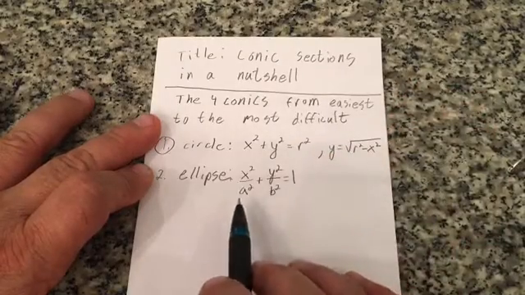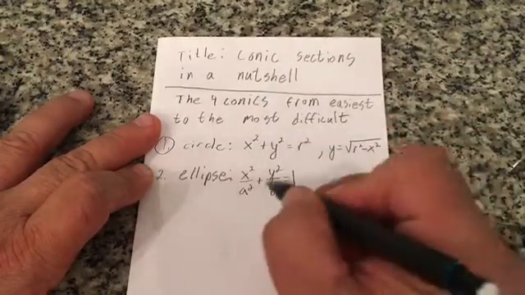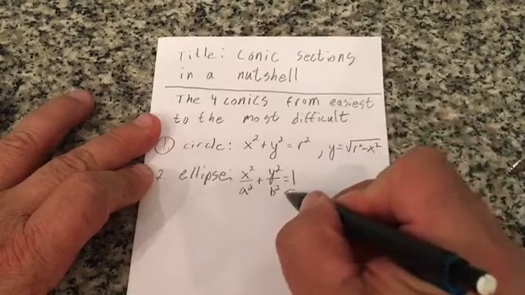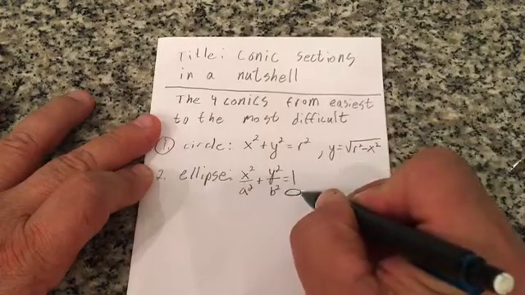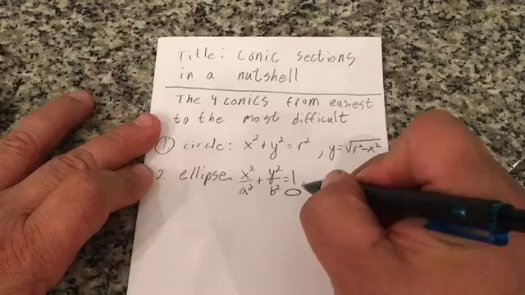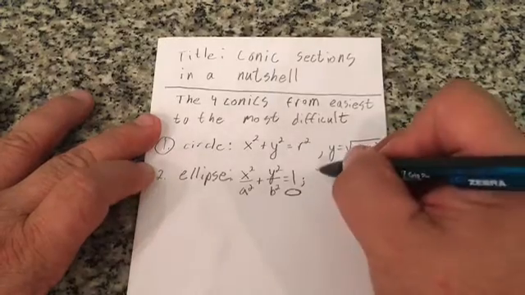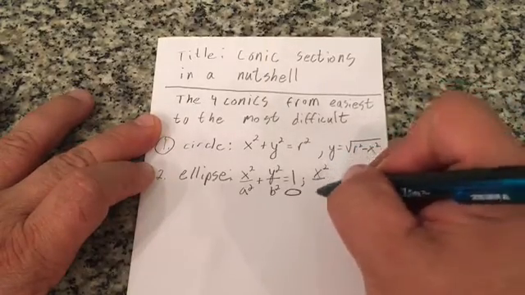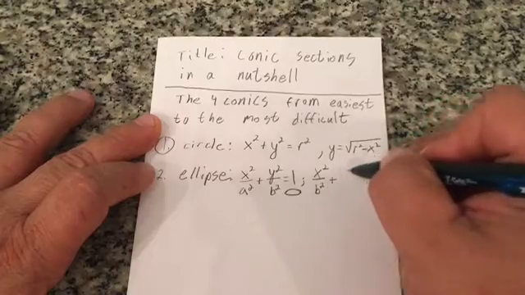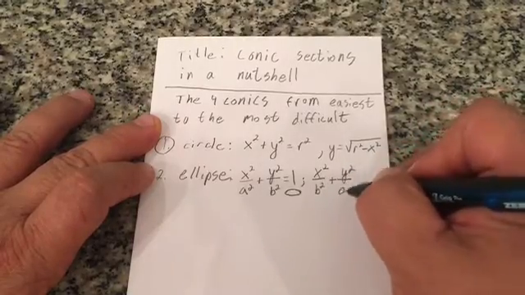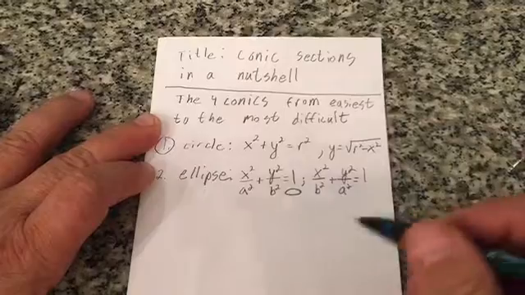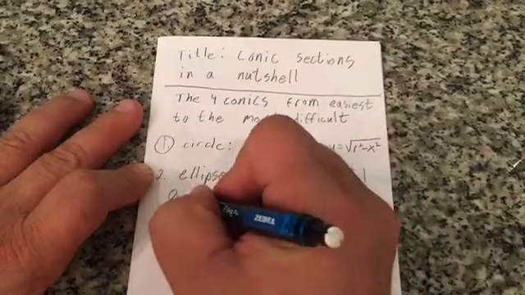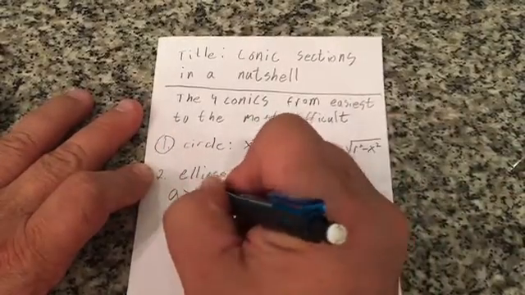That would be the equation of an ellipse that looks like an egg, like a sideways hamburger, as I call it. The other ellipse formula would be x squared over b squared plus y squared over a squared equals 1. And the deal is a has to be bigger than b.